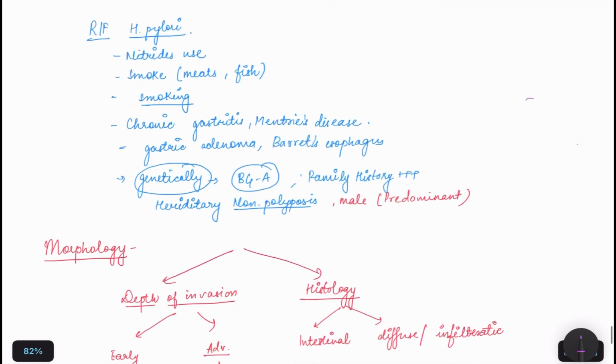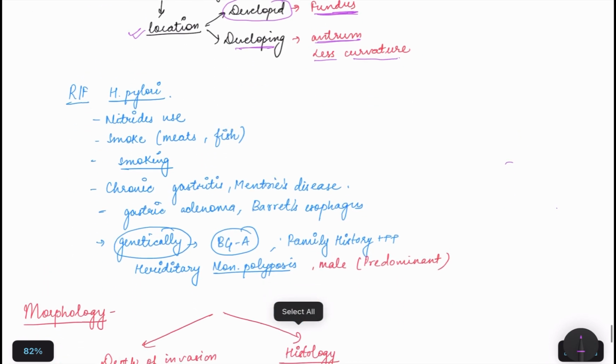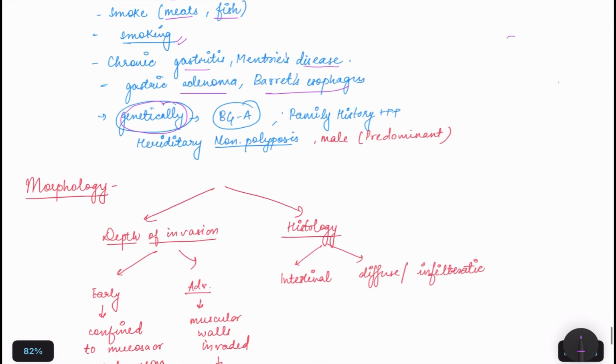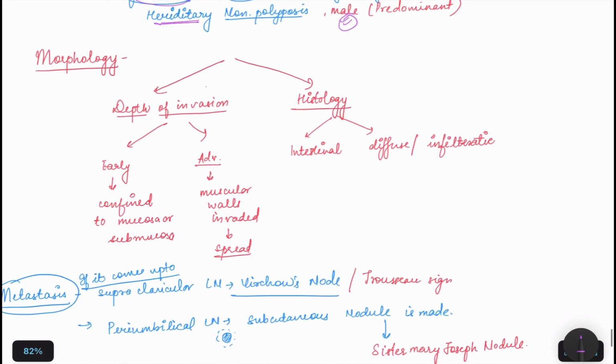Risk factors of this tumor include H. pylori infection, high use of nitrites, smoked foods like meat and fish, smoking, chronic gastritis, Menetrier's disease, gastric adenoma, Barrett's esophagus, and genetically it is associated with blood group A, family history, or hereditary non-polyposis, and it is predominant in males.